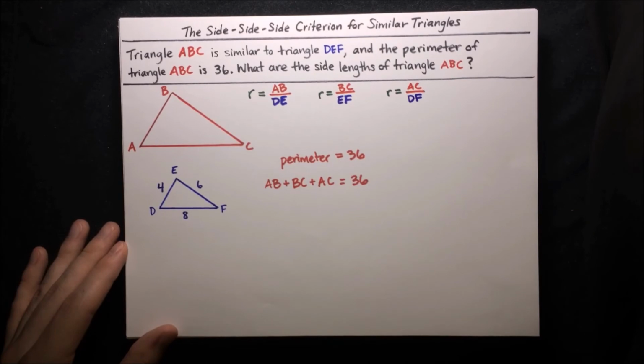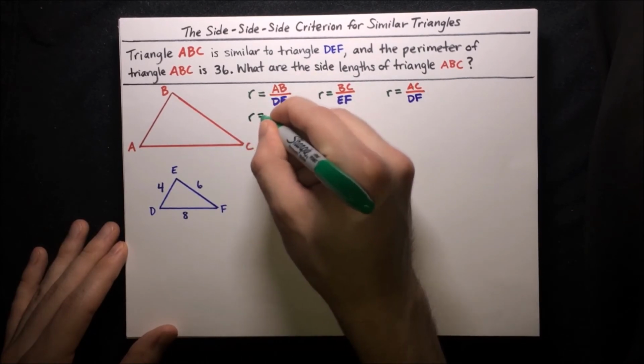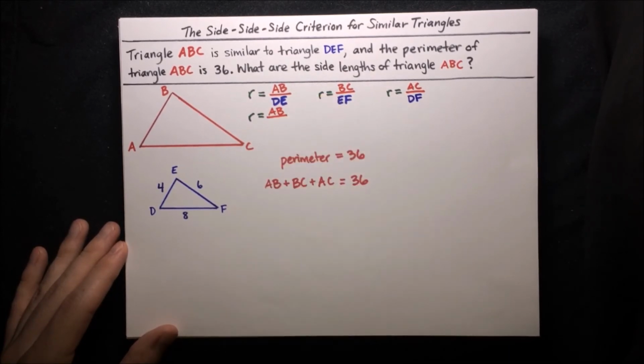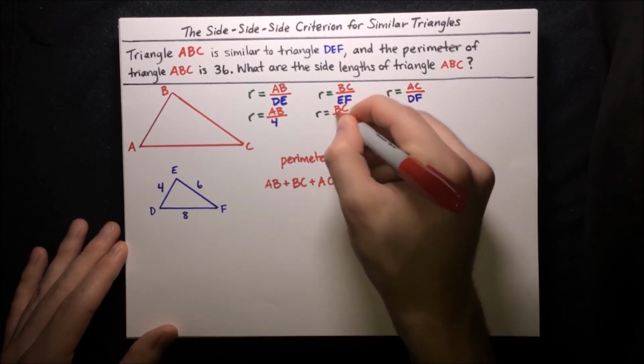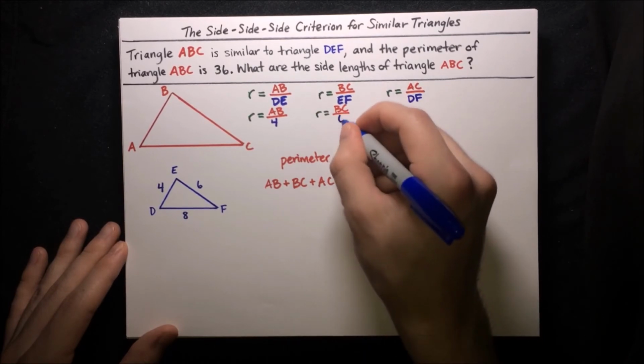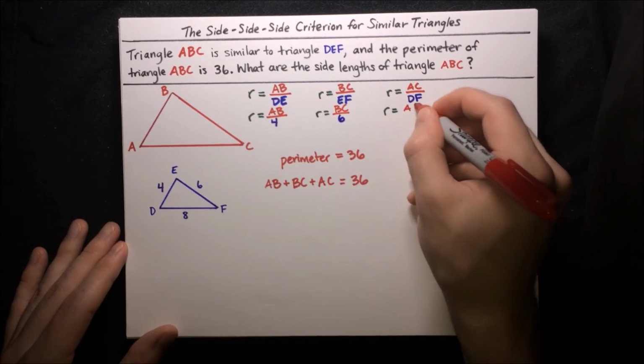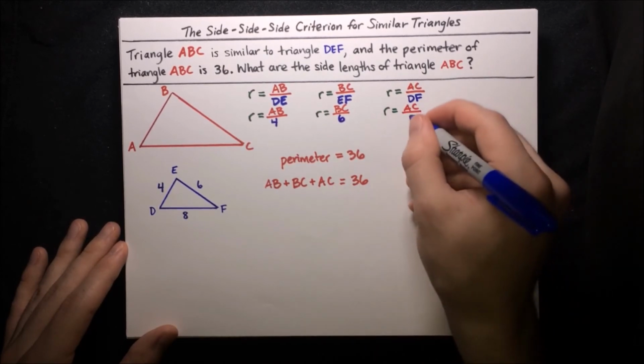And we know what DE, EF, and DF are, so let's go ahead and plug that in. So r equals AB over DE, which is 4, and r equals BC over EF, which is 6, and r equals AC over DF, which is 8.